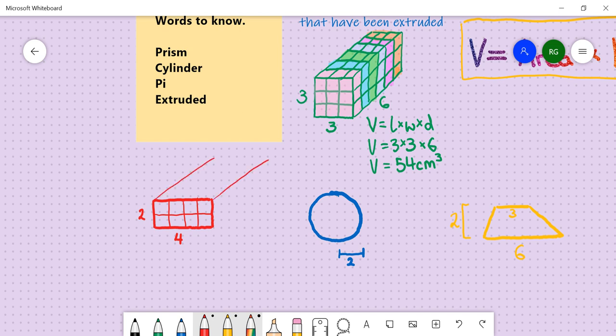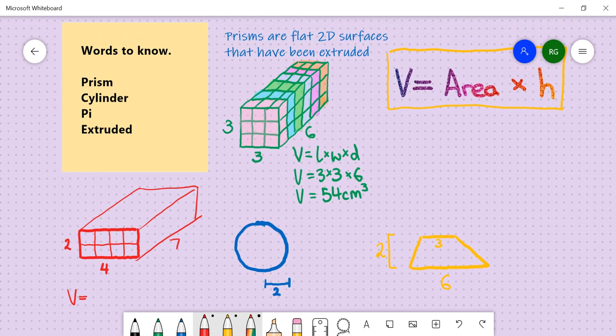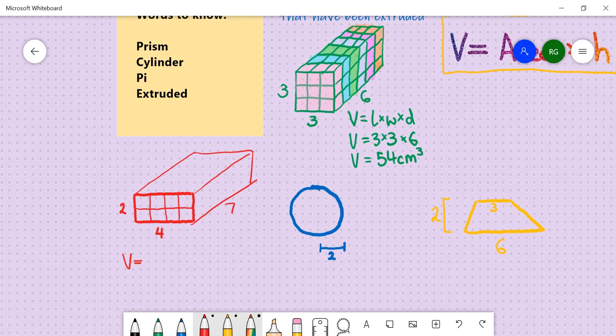Now, if I was to extrude this shape, rather than do what I did before and draw all of those squares in, if that's 7, the formula for this shape is the volume equals, as we saw up in the top right, the area of the side to be extruded, which is 8, or let's just call it length times width, times the depth, which is this number.